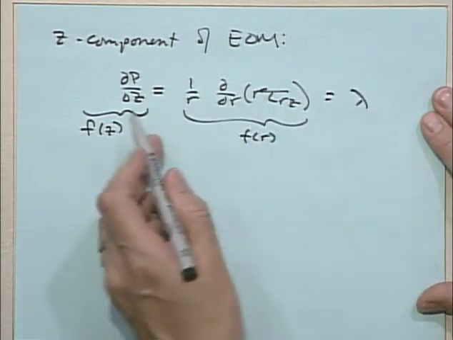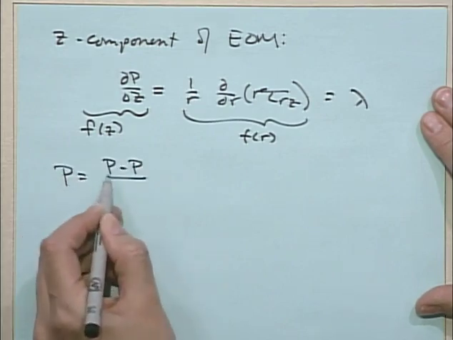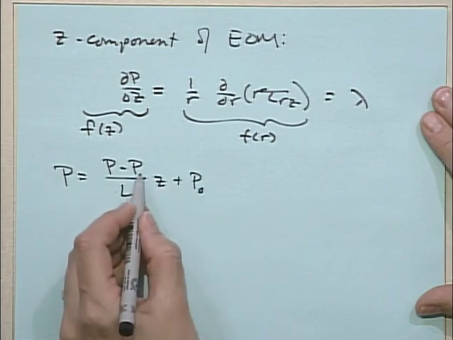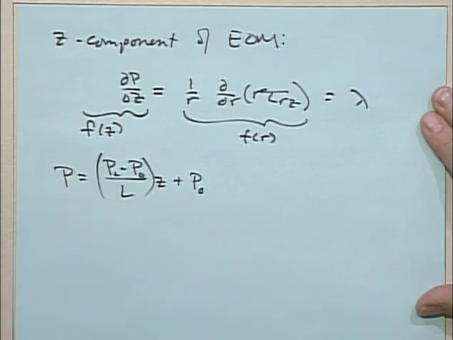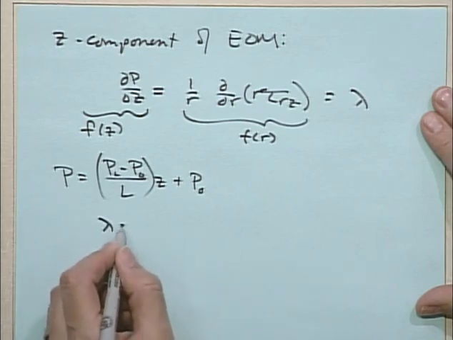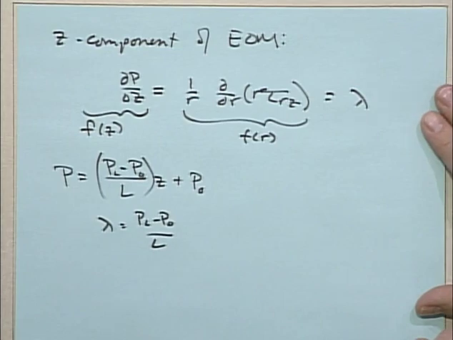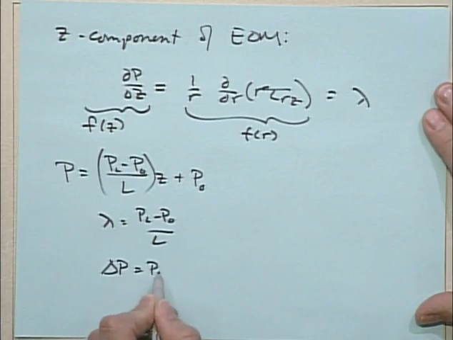We can solve that pressure part. I can just write the answer down. P equals minus lambda... P over L z plus P naught, like that. Telling us that lambda is P_L minus P naught over L. If I define delta P as P naught, the upstream pressure, minus the downstream pressure, then lambda is minus delta P over L.